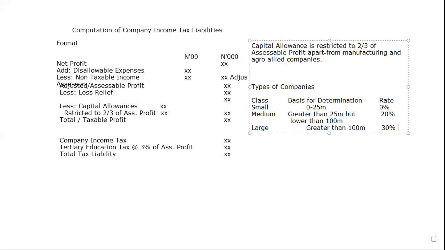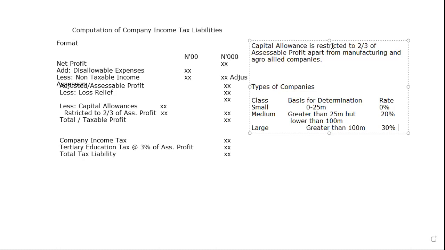It applies to the 2021, 2022 and 2023 years of assessment. For the type of companies and the basis for determination, when does this take effect? In your exam, you will use it for any year given. Yes, you will use it.